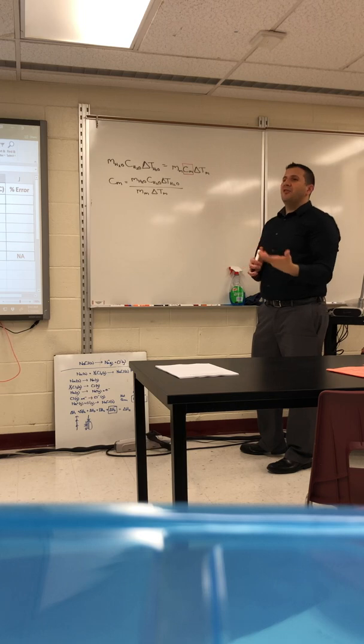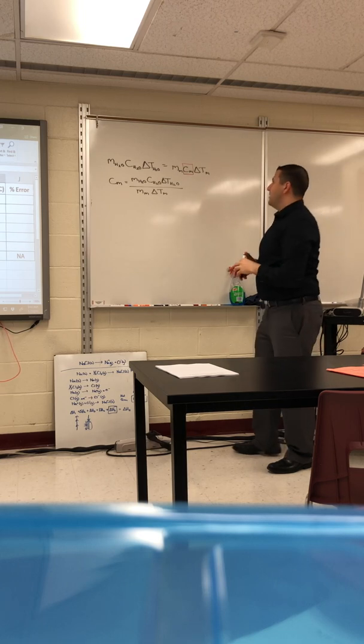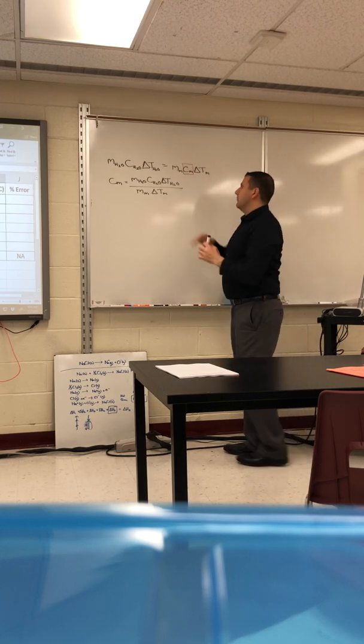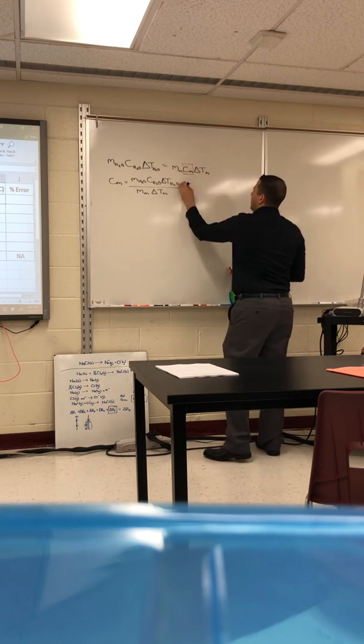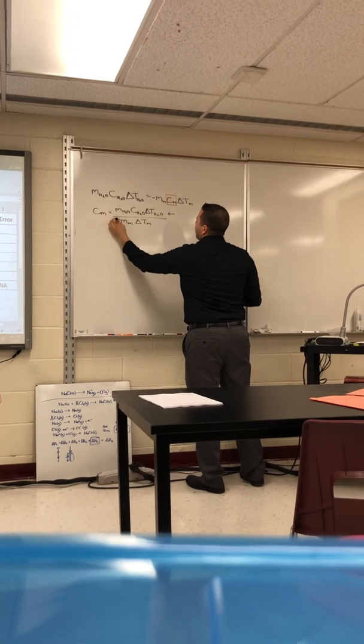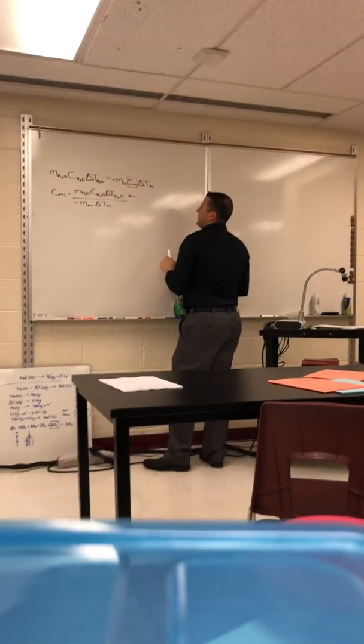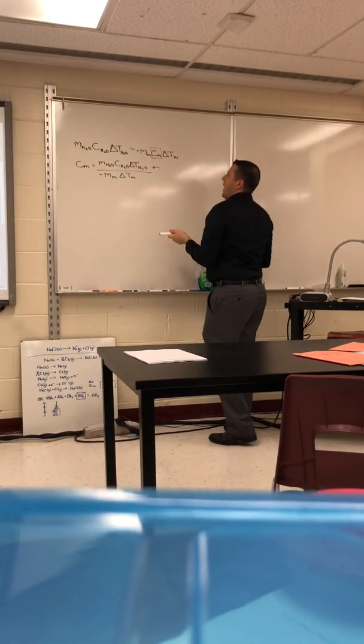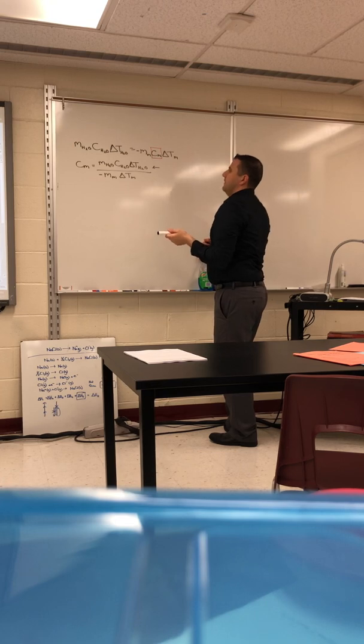Mm-hmm. Now there's a little bit more to it as well, because we also know, I forgot my negative sign here, but this ΔT of water is what? Is it final minus initial, initial minus final?